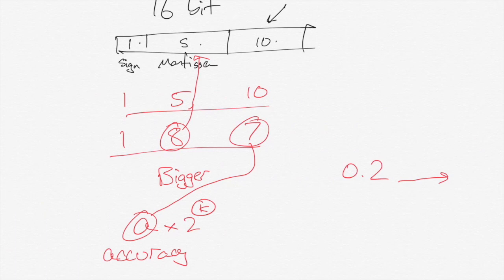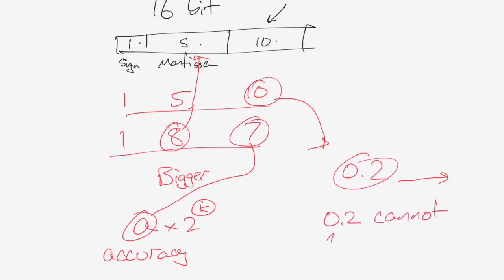Well, if we allocate 10 bits to storing that fractional part, we're going to get a lot closer to our actual value of 0.2 than we could without it. 0.2 cannot be stored perfectly, but we can get close to it.